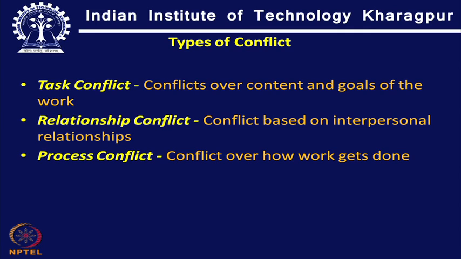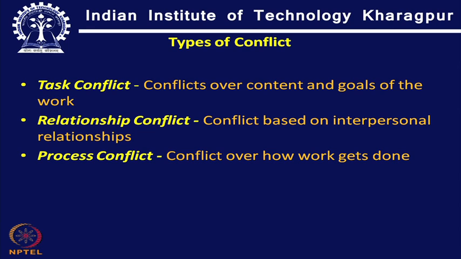And the types of conflict that are faced in the organization could be classified under three broad headings: task conflict, relationship conflict, and process conflict. So when you're talking of functional conflict, it is more on the task conflict and process conflict, which is a rational way of looking at conflicts.